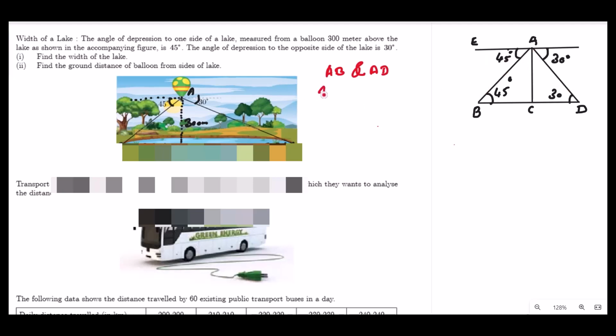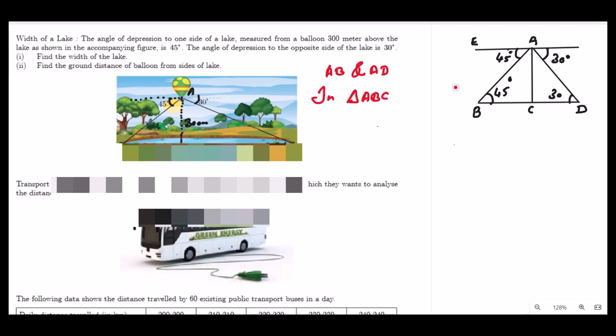Same triangle we will consider, triangle ABC. We need to take sine 45 because AB is the hypotenuse. Where we are representing the hypotenuse, we take sine theta or cos theta.